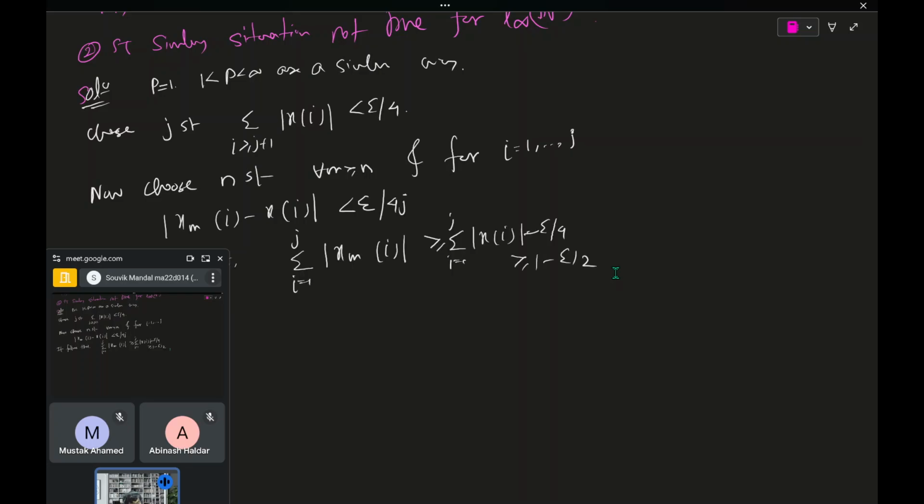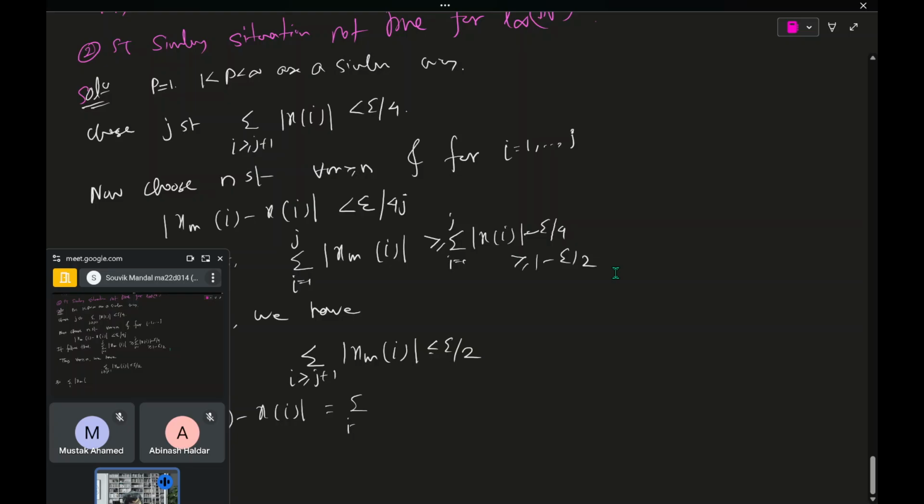Thus, for all m greater than or equal to n, we have the summation over i greater than or equal to j plus 1 of |x_m(i)| less than epsilon by 2. And therefore, the summation of |x_m(i) minus x(i)| equals the summation over i equal to 1 to j of |x_m(i) minus x(i)| plus the summation over i greater than or equal to j plus 1 of |x_m(i) minus x(i)|.